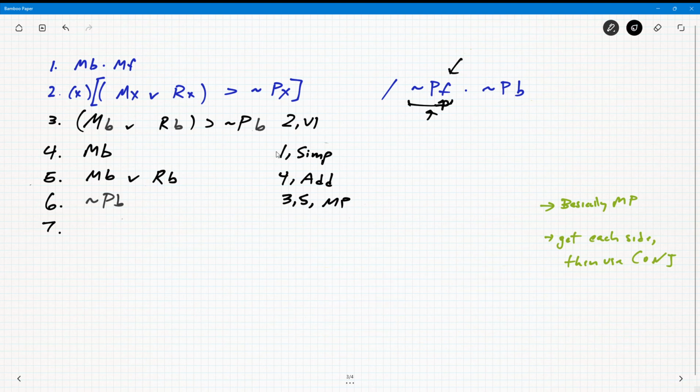So instead, what do we do? Well, actually the same process as up here, but with a new individual. That is to say, with Fanny. So, UI on line 2 again. If Fanny is either a mammal or a reptile, then Fanny's not a plant.